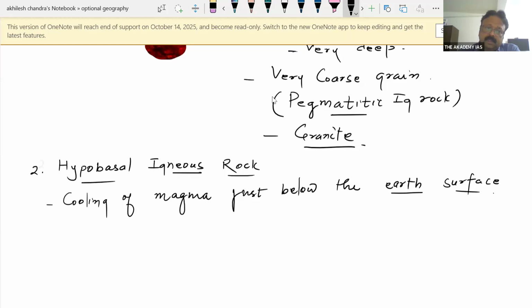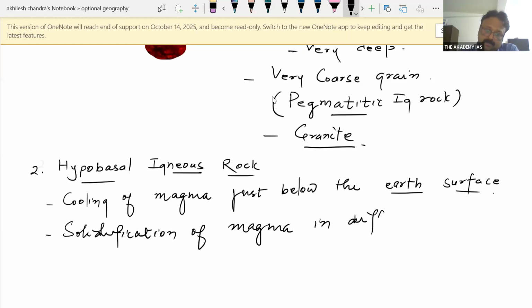And in this case, there is solidification of magma in different shapes. Okay. Just below the earth crust, we have hypobasal igneous rock.